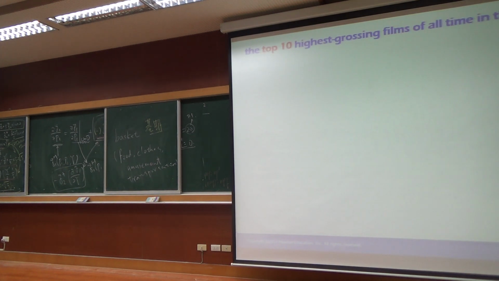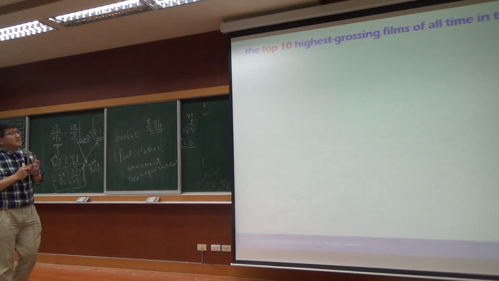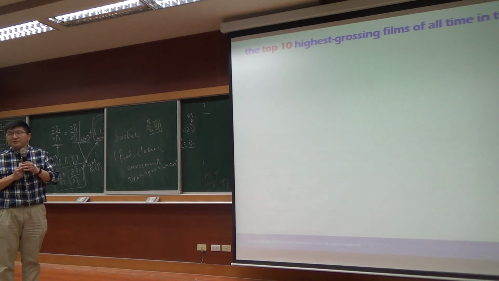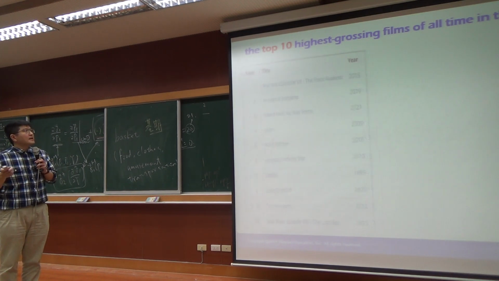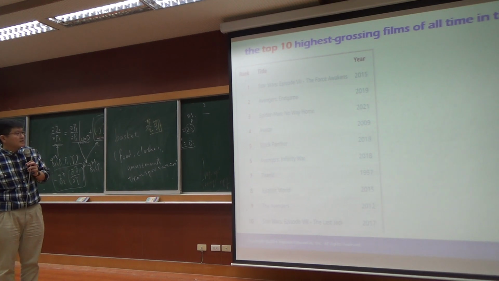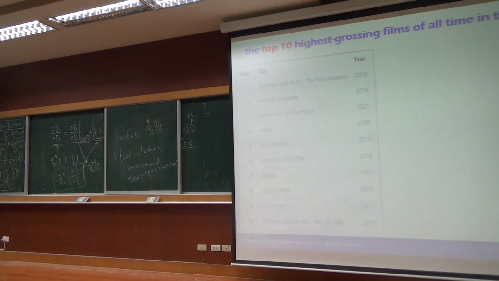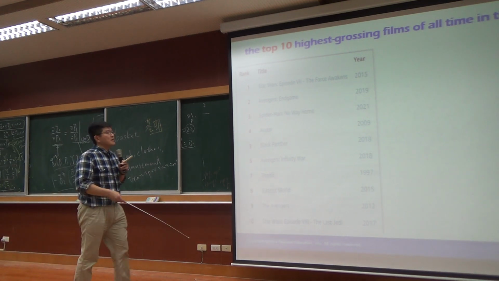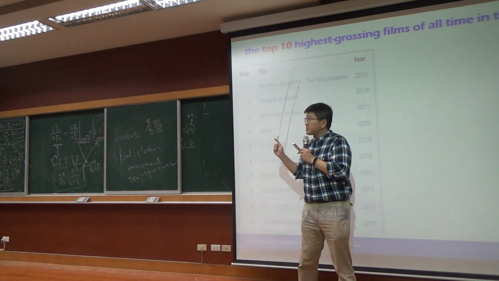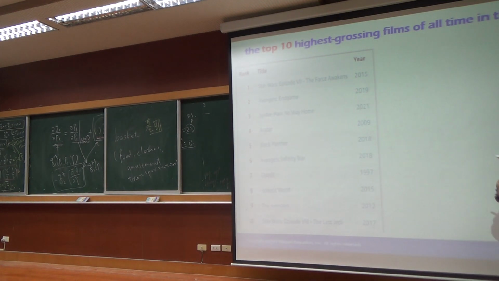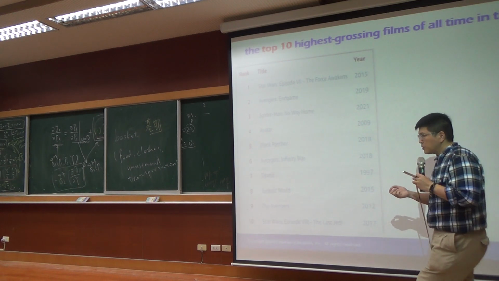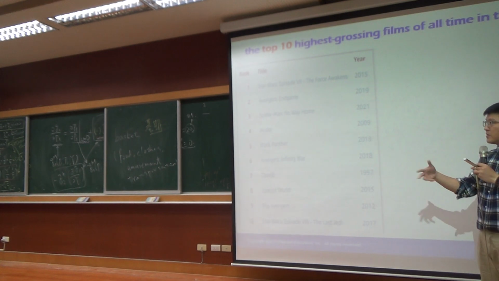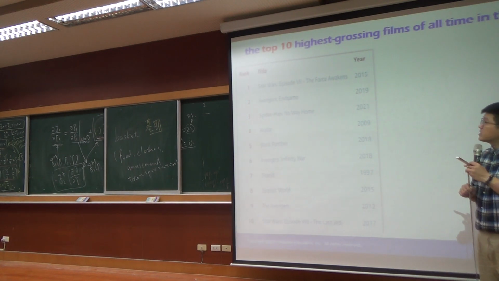All right, let us check the top 10 highest grossing movies of all time in the US. This is the ranking without adjustment. The grossing means the ticket revenue, so how much money you earn from those movie watchers.